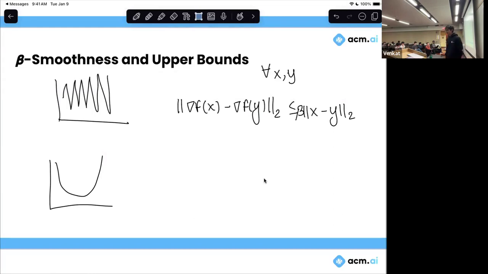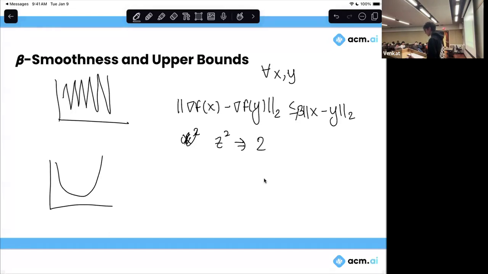This will not make too much sense right now, but a really nice example is x squared. Let's take z squared. What is the derivative of z squared? 2z. Yes.